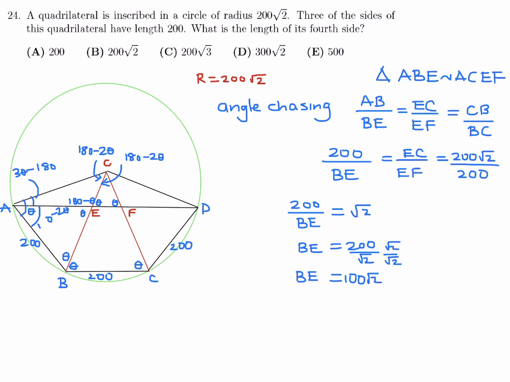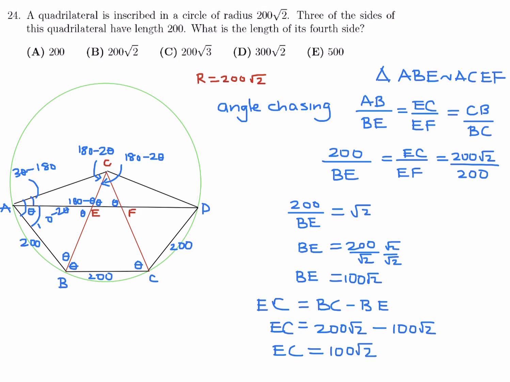EC, I think I can figure out from this now. Here's EC right here, from here to here. And since we know BE, we can figure out EC. EC is basically BC minus BE. And BC is just the radii, so that's 200 root 2. And BE we just figured out was 100 root 2. So that means EC is 100 root 2.